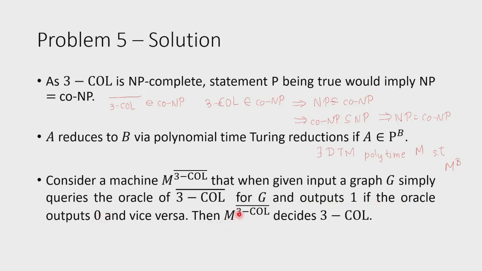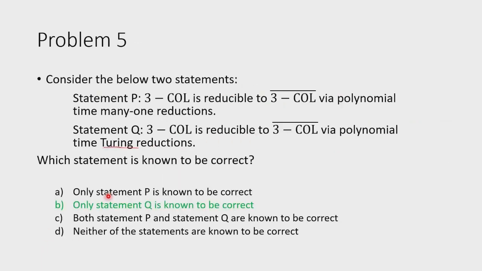Then this machine decides 3-colorability. Is this clear? Why does this decide 3-colorability? Yes, sir. So basically we have constructed a deterministic polytime Turing machine which, when given oracle access to the complement of 3-colorability, decides 3-colorability. So 3-colorability reduces to its complement via polynomial time Turing reductions, and so B is correct: Q is correct but P is not. So that's the answer to this one.